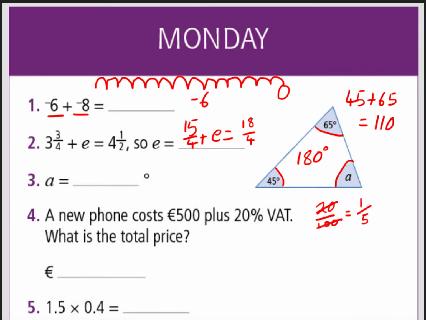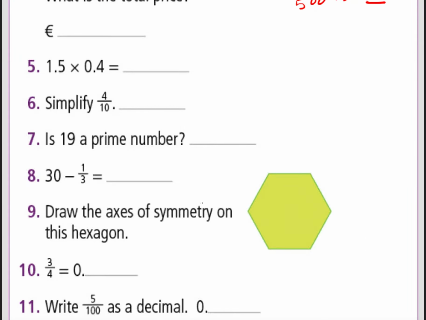So 20% is 1/5. So to work out the VAT, we're going to get 1/5 of 500. That's 500 divided by 5, and that's equal to 100. So the VAT that we have to pay is €100, and we need to add that onto the price of the phone here to get the total price.